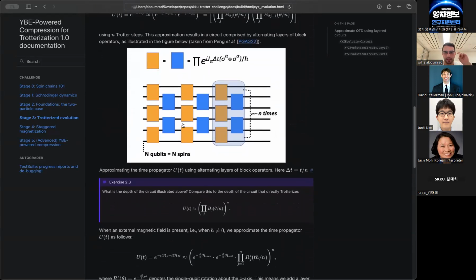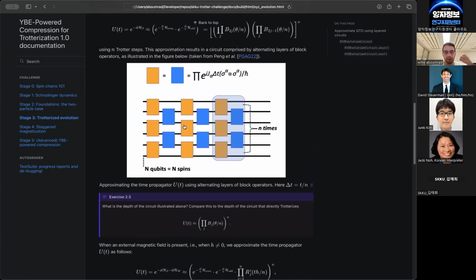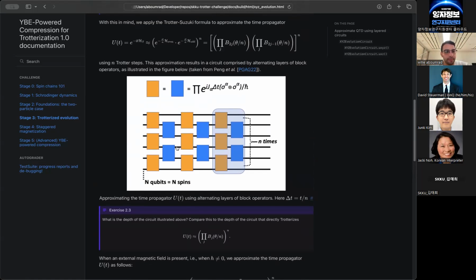And that itself saves you some circuit depth. But now the whole challenge will be to get rid of that factor, the number of layers factor that we need in order to increase the approximation quality. So the goal of this scheme is to come up with very high quality approximations that always have the same circuit depth. That's where we're going.